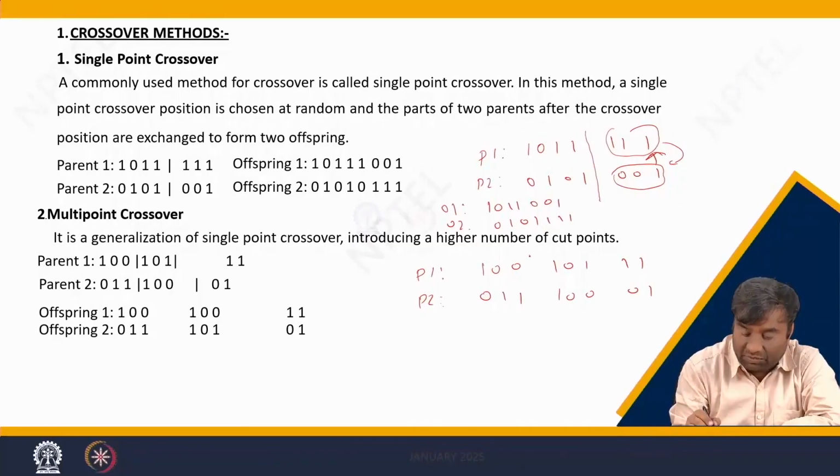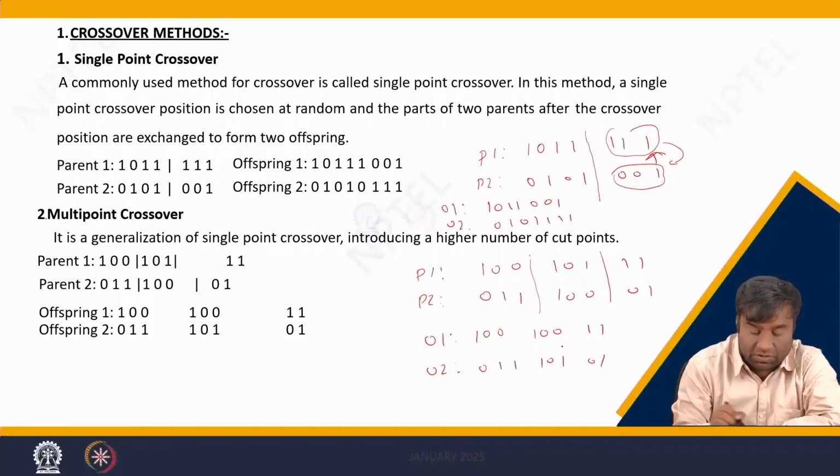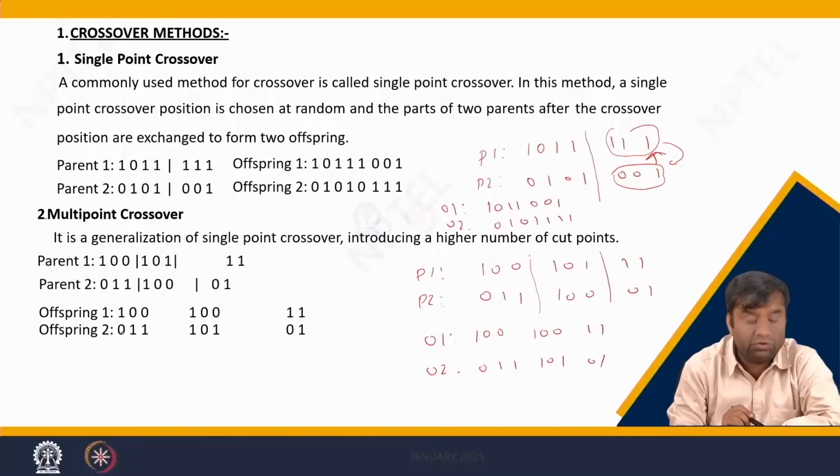We cut after the third position and after the fourth position, and interchange the parts to get offspring 1 and offspring 2.